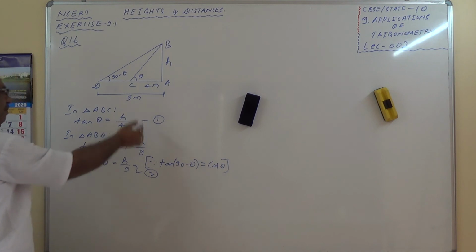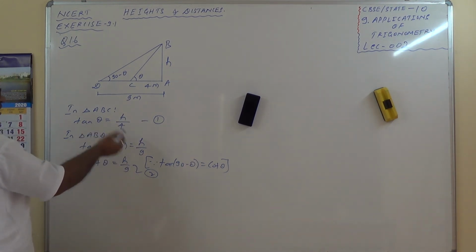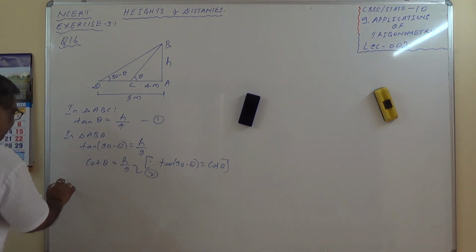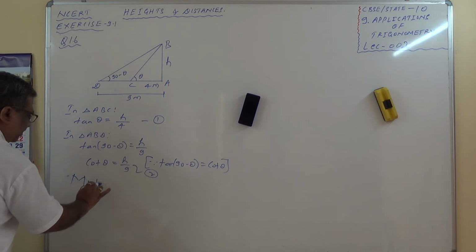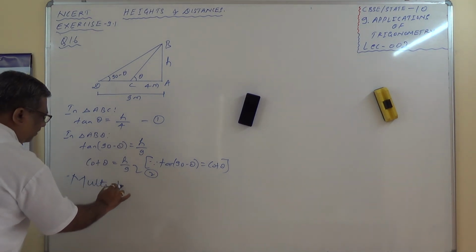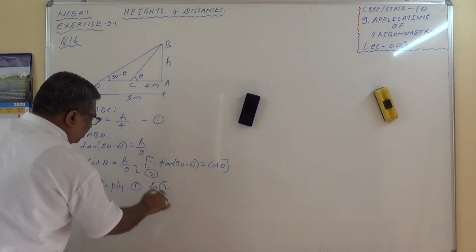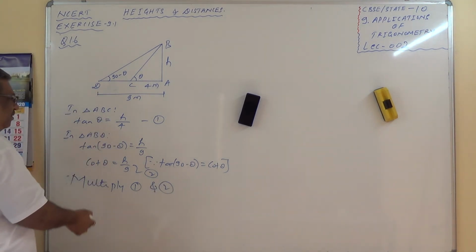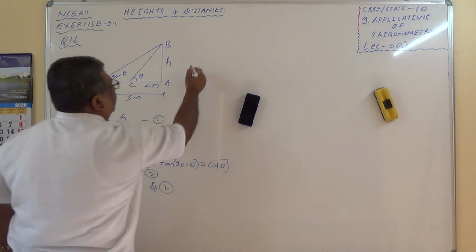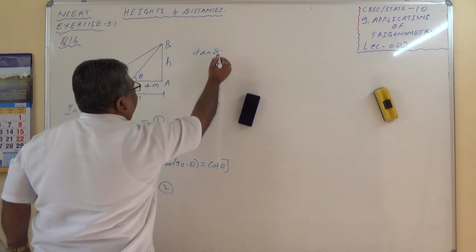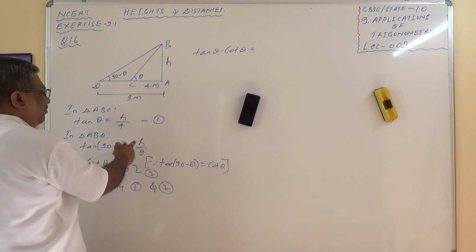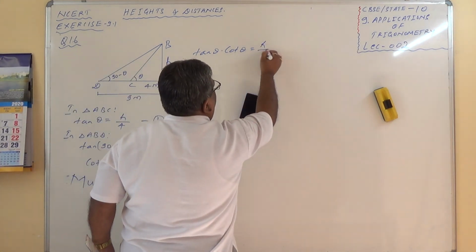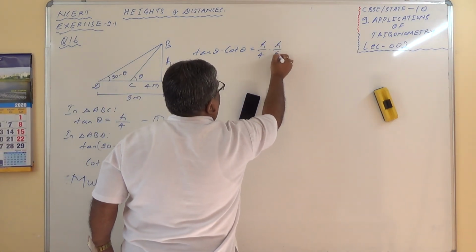So from 1 and 2, multiplying 1 and 2, what do you get? Tan theta into cot theta equals h by 4 into h by 9.